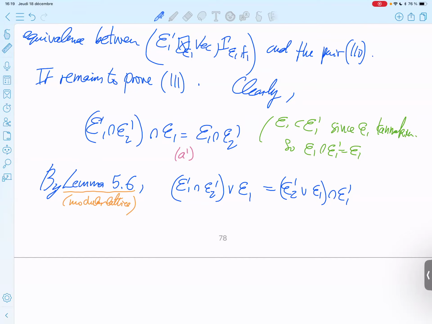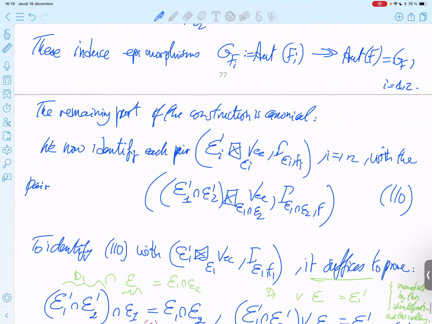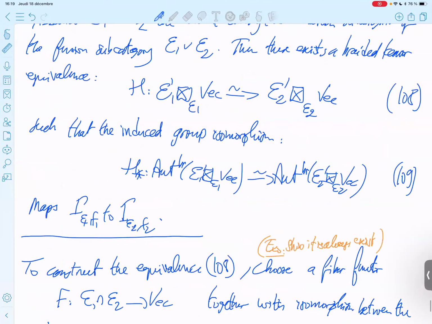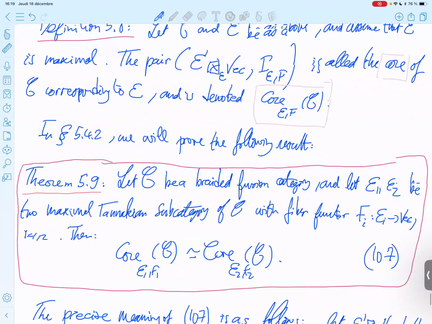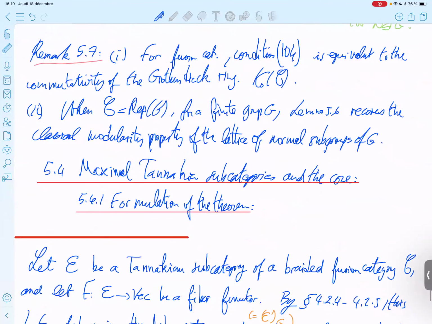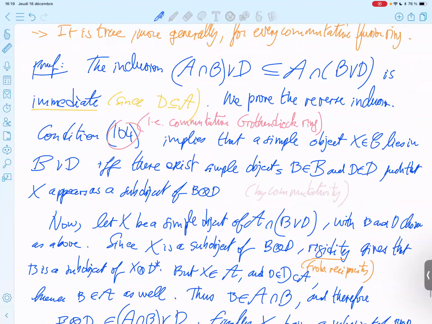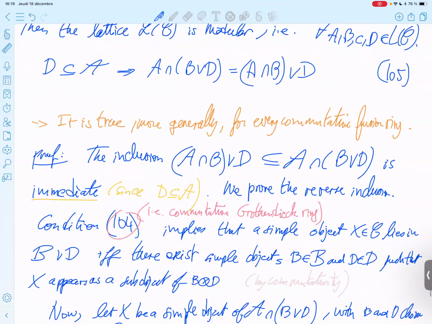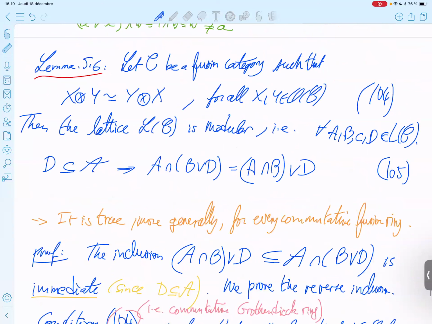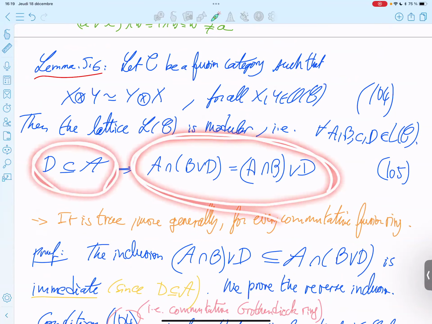So remember, to get such an equality, let me come back. It's not so far. Yeah. What we need is, this is the kind of identity we wrote, but first we need that.